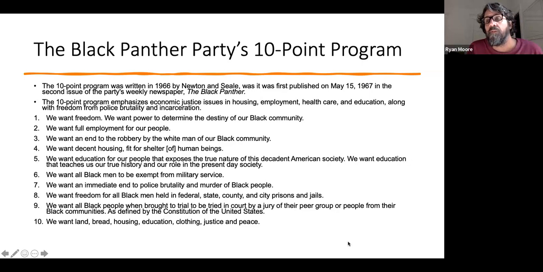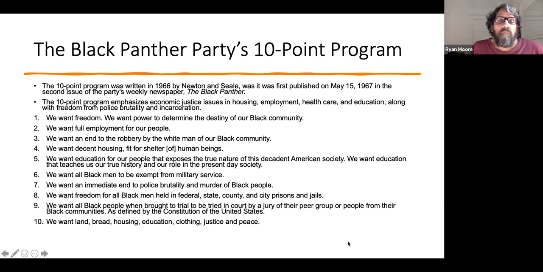Those were the things the Panthers were increasingly going to emphasize, and to see police brutality as almost symptomatic of these larger structural institutional inequalities.